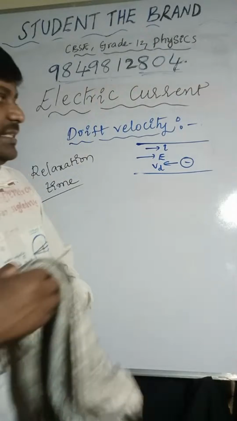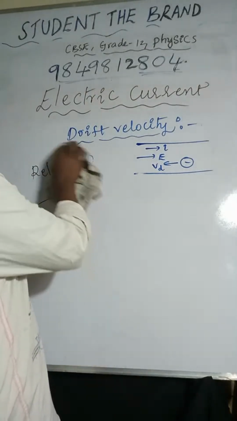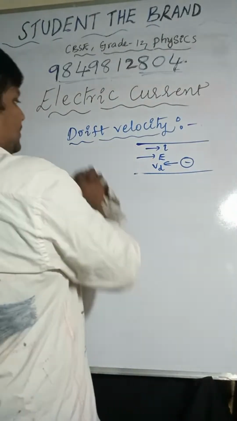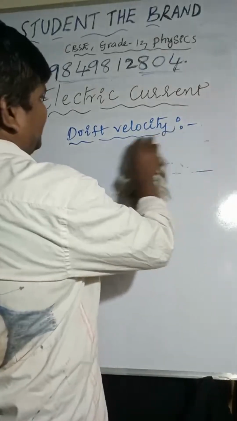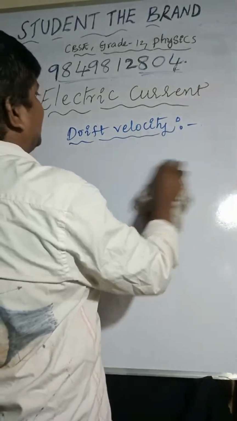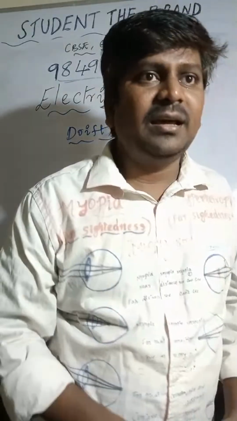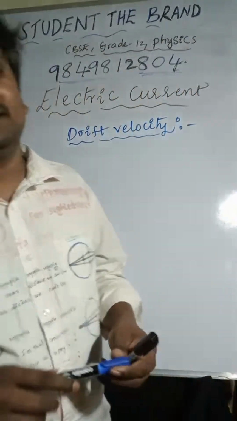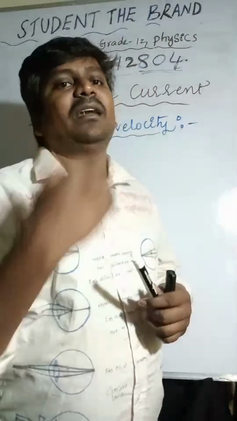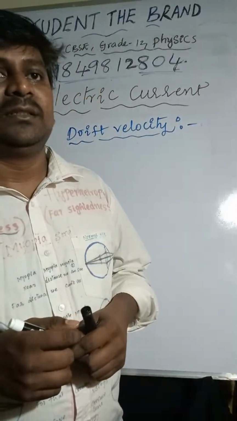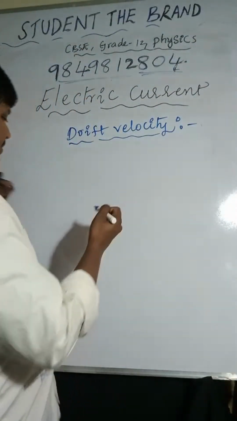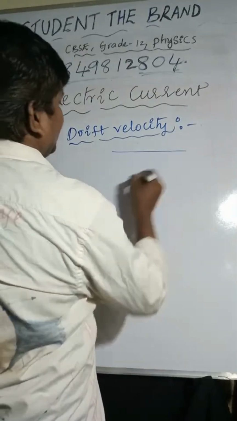Now we'll discuss drift velocity and current. Drift velocity and current. So we'll keep it like that. Sir, here we are taking a cylindrical conductor, like a current is flowing in the conductor. Right? So now I am taking here like this.